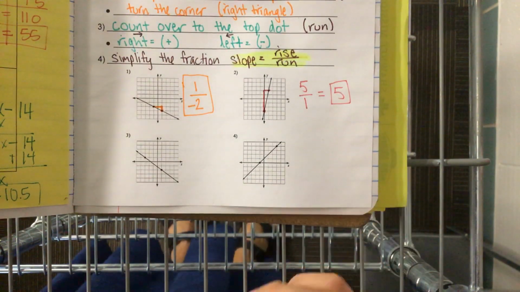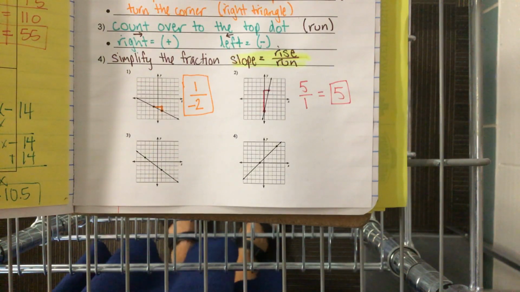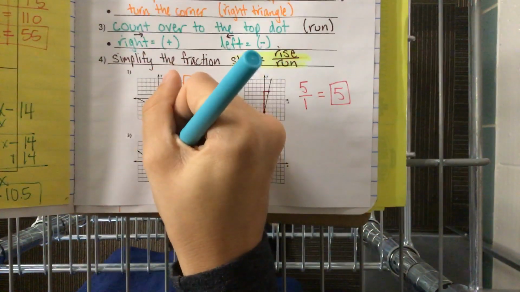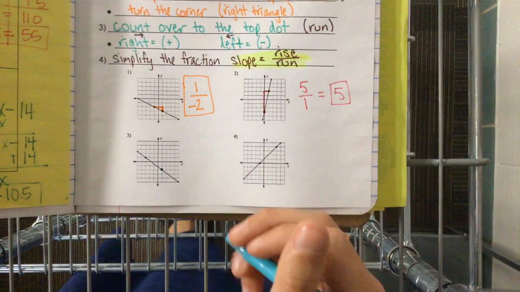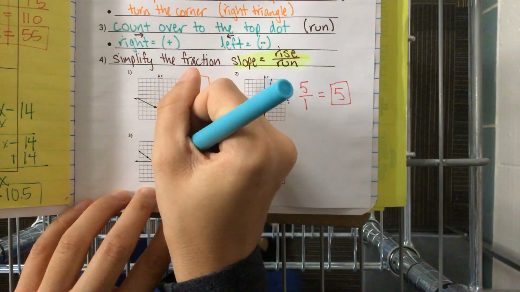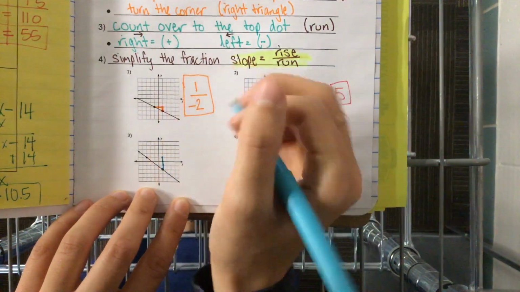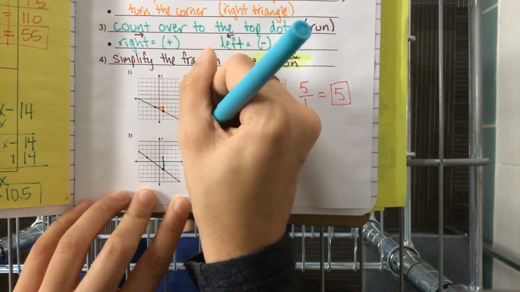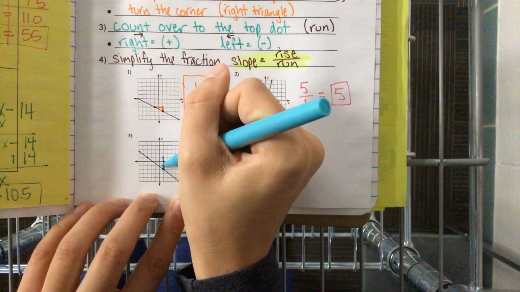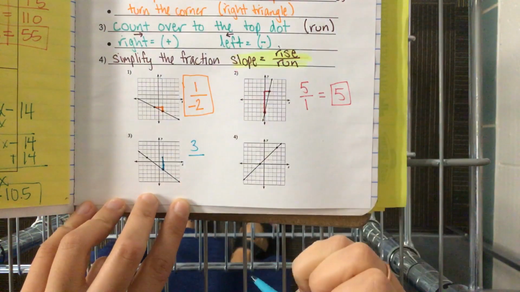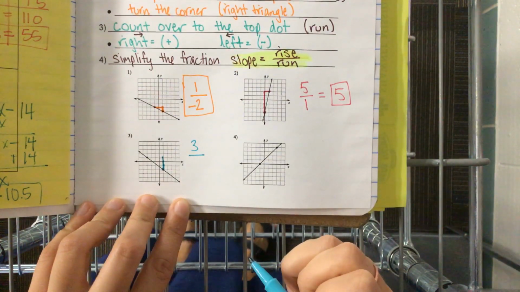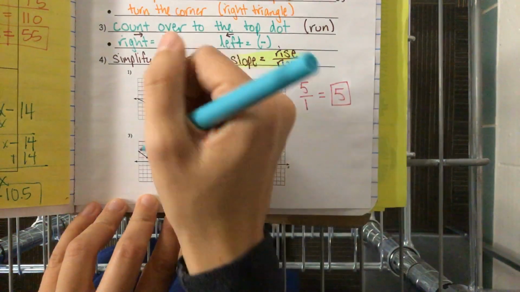Okay, next one. Locate that bottom dot. And we'll count up. So our rise is 3 because we counted up 1, 2, 3 to get to the top dot, and we turn the corner. We have to make a right triangle, turn the corner, and count over. 1, 2, 3, 4.